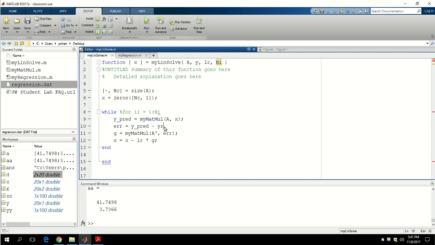So the first thing that comes to mind is probably just to use this error vector to determine if we have reached convergence, right? So if the error vector is very small, compared to the size of y, for example, then we consider we have reached convergence, right? But the problem is that we are not really solving the linear system exactly, right?